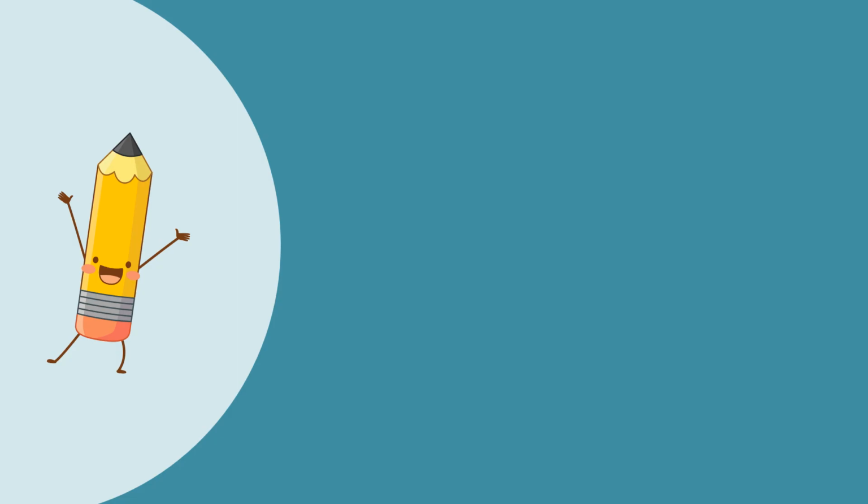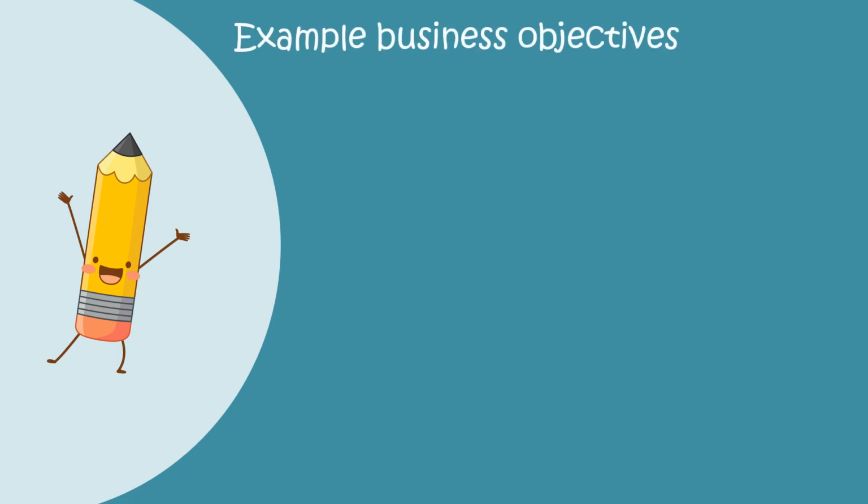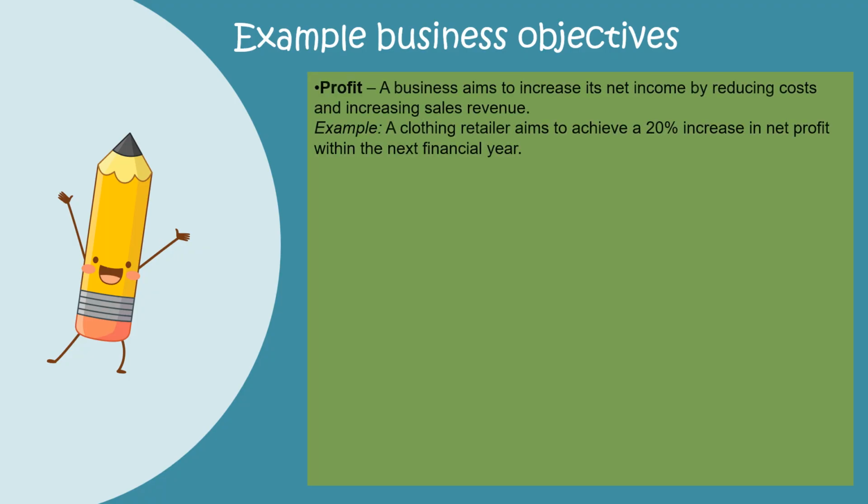So we also mentioned in the syllabus example business objectives. So what is a business objective? Well, it's an objective set by managers because they want the business to try and achieve something or do something. So let's have an example look at that, and we mentioned some of them. Here's an explanation and an example, so do take a look at this. So profit.